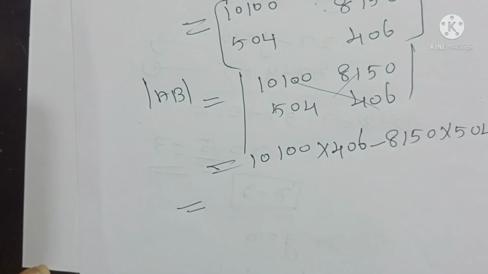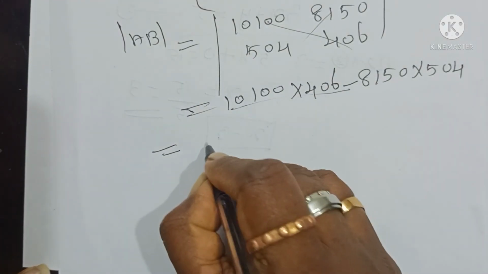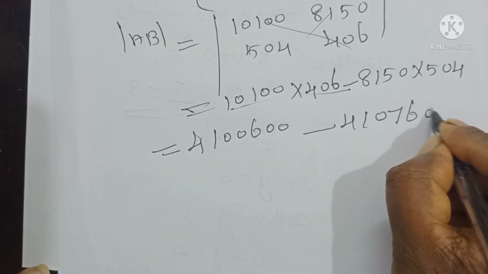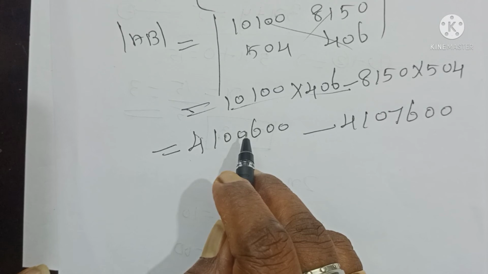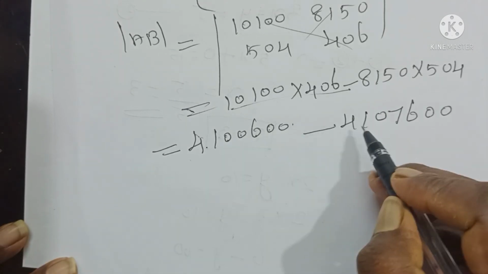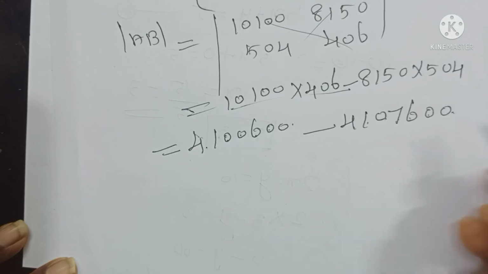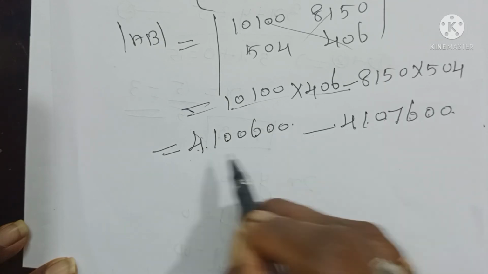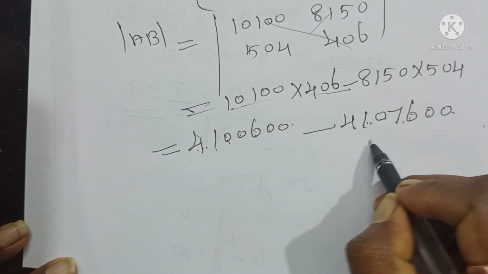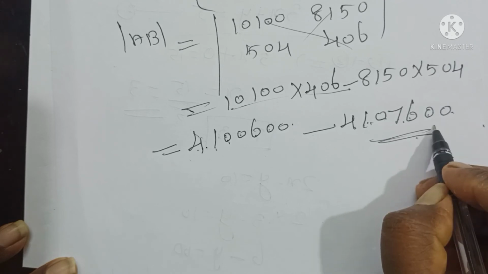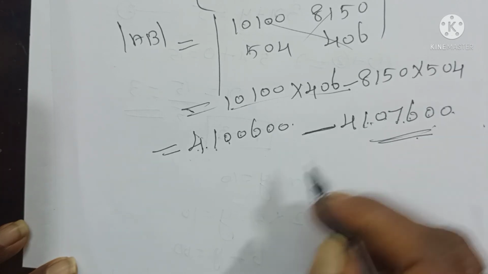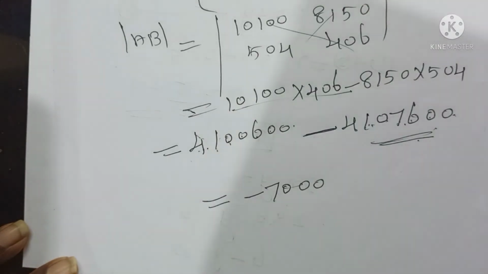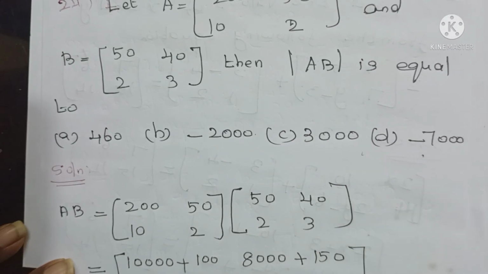You multiply these and subtract the answers. First count the number of digits: 1, 2, 3, 4, 5, 6, 7 here, and also 1, 2, 3, 4, 5, 6, 7 here, so the same number of digits. Then check which number is bigger: here 4, 1, 1, 0, 0 and here 7, so the second number is bigger. So you subtract from it and put the minus symbol. So what is the answer? Minus 7,000. So option D is correct.